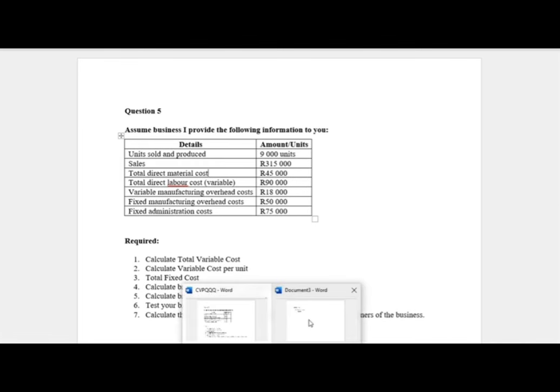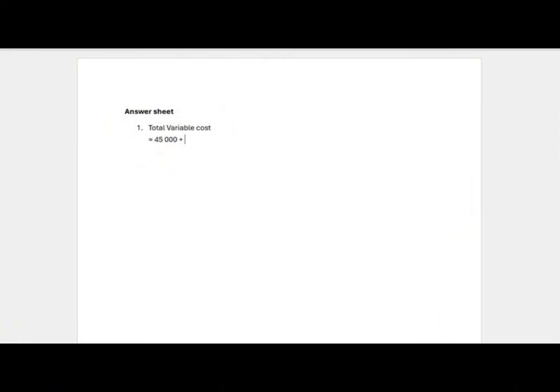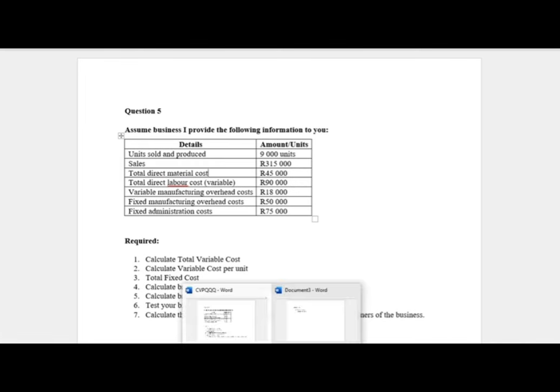All right, 90,000 right there. Okay, and then you add as well the next one, which we identified, so variable manufacturing overheads of 18,000.